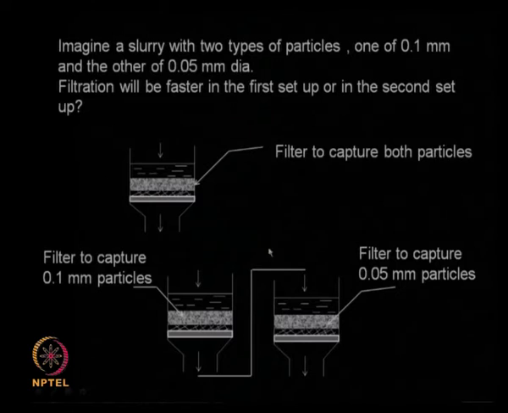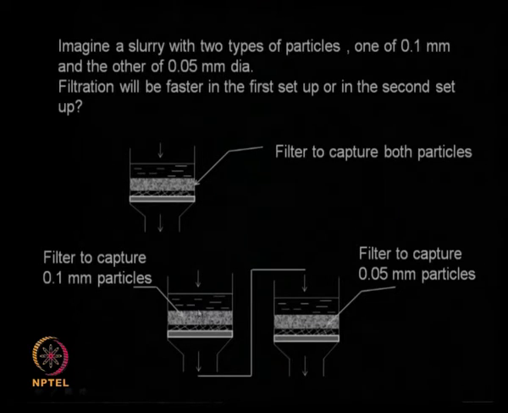Now consider another filtration setup, where 2 filters are there. The first one has very coarse holes, so it will capture only 0.1 mm, and 0.05 will pass through. Now this 0.05 is captured in the second filter, that means its holes are very fine.